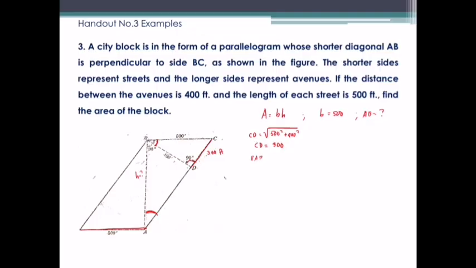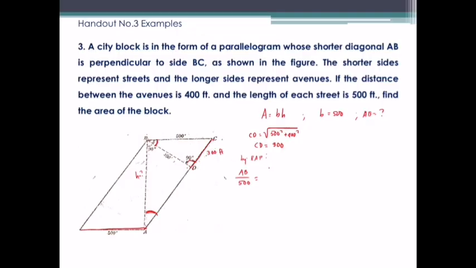We have AB is to this side, AB is to this 500, as BD is to this one, CD, which is 300.